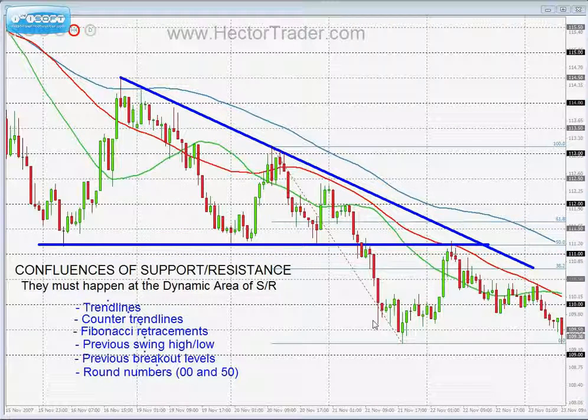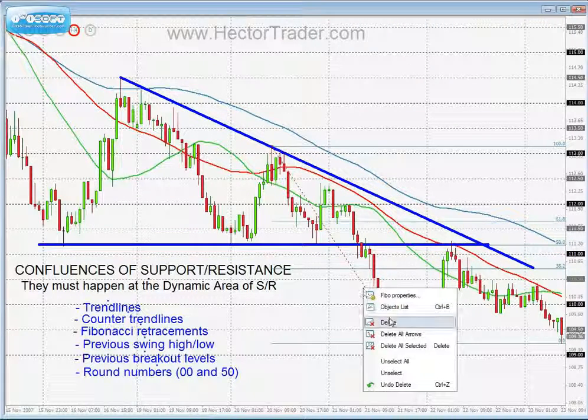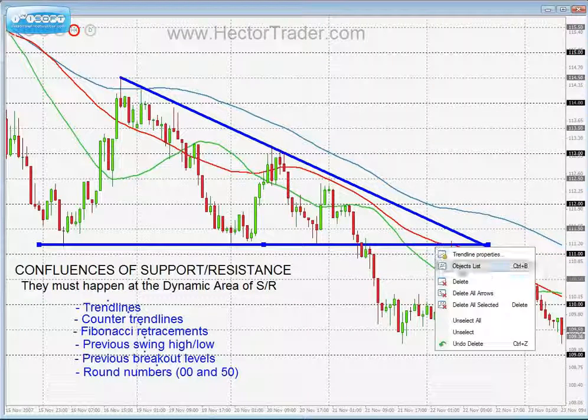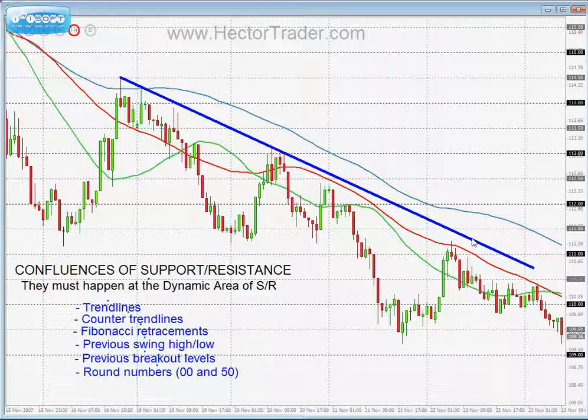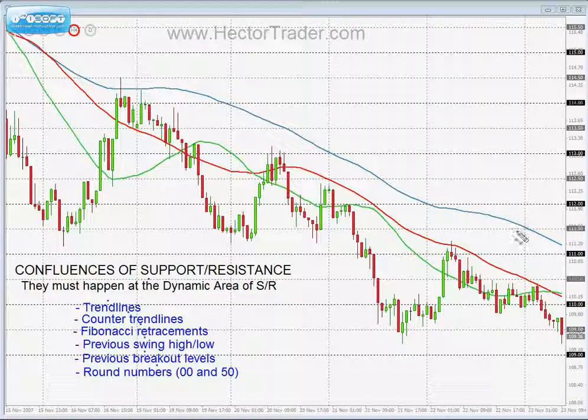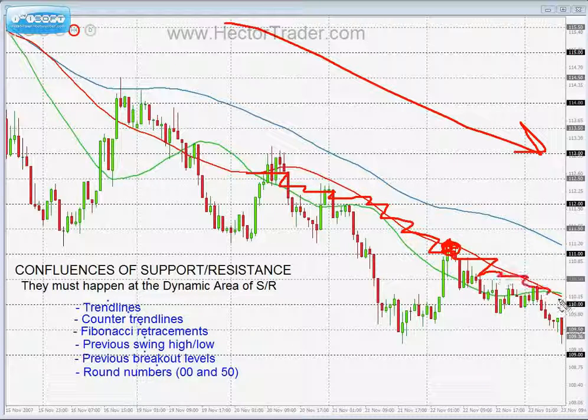Yes, in my opinion, this is a valid setup. This is indeed at that level, the 11100 level. We have an area of many elements of resistance coming together in a downtrend within the dynamic area of support and resistance.